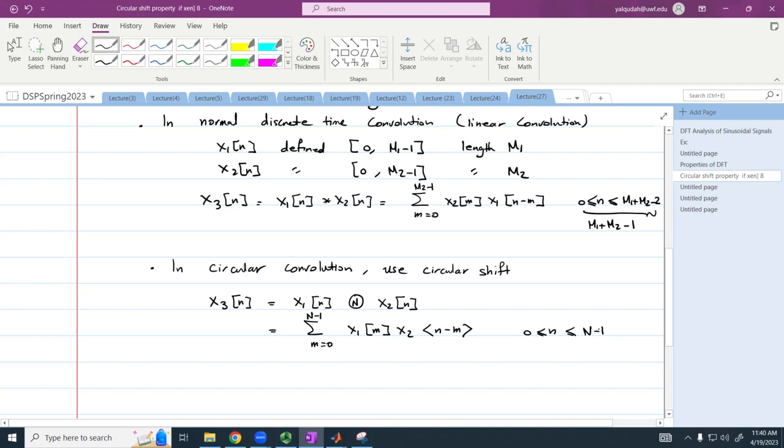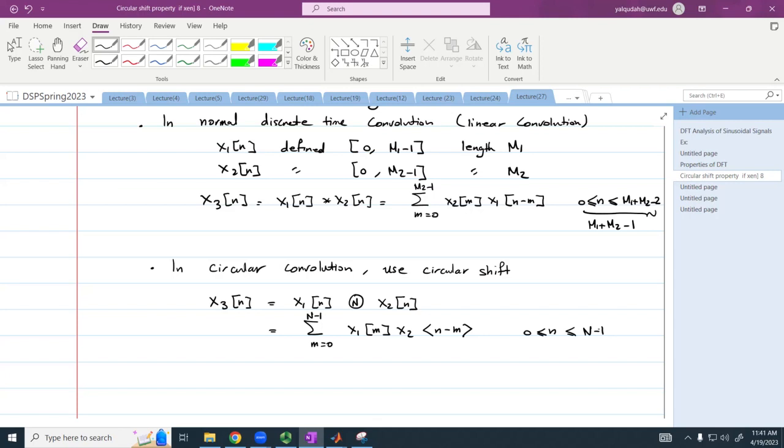Why is the top of the summation M2 minus 1? What about M1? From 0, because it has a length of M2. This one has a length of M2, this is M1. So are you objecting to the negative one? Or we can do it either way, depending on which term you have here.